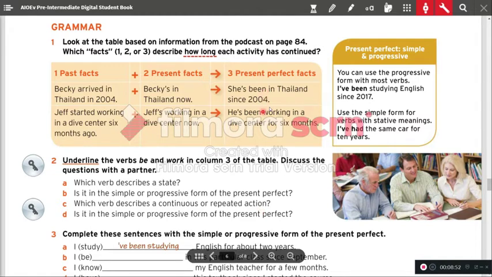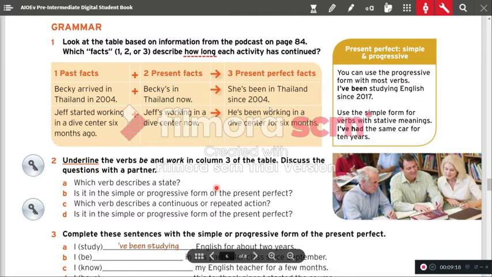If it is not being, it will be working. That's right. Is it in simple or progressive form of the present perfect? As we already saw, we have the verb has, he has, then been, and then a verb in ing, working. So it is present perfect progressive. Very good.